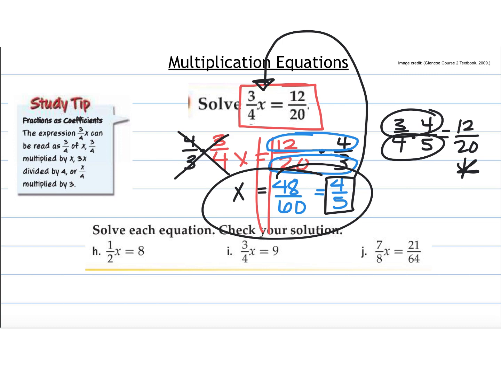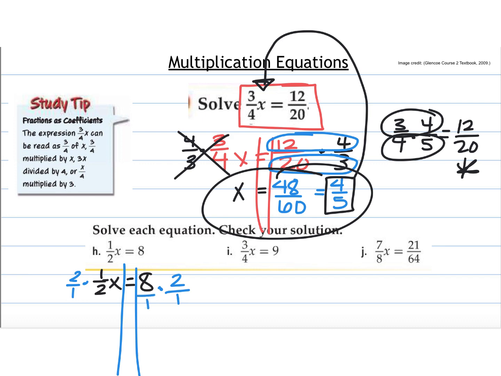So if we have 1/2 x equals 8, 1/2, so that's telling me that 1/2 of something equals 8. Not 1/2 of 8, but half of something. So it's going to basically be 8 doubled. So I know since it's being multiplied by a fraction, I'm going to do the reciprocal, which is 2/1. Do that times 2/1.